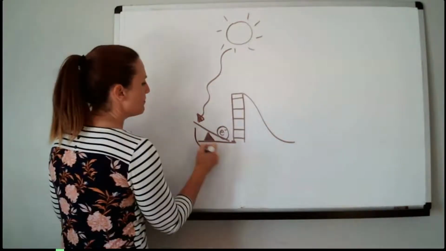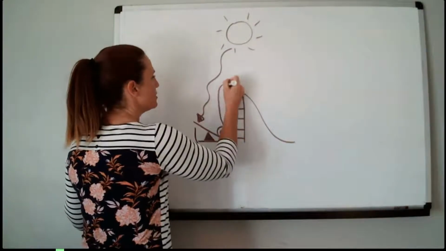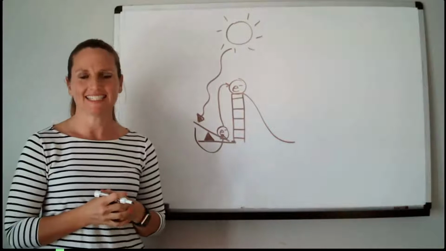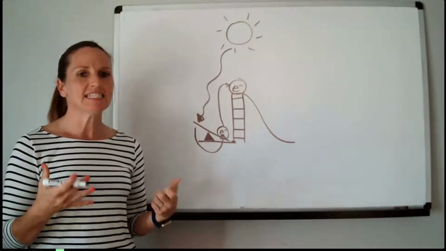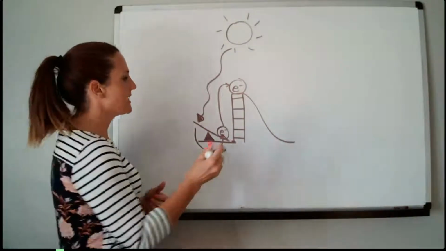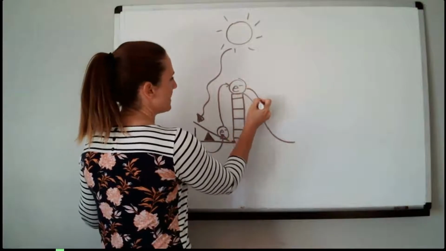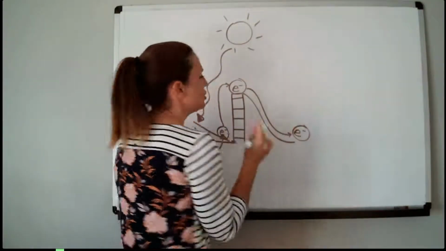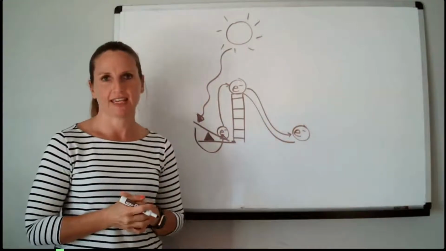And that is going to move the teeter-totter and launch my electron up to our excited state. And if it's intact, what we're going to see next is that this electron is then going to slide down the slide and come back gently to the ground state.